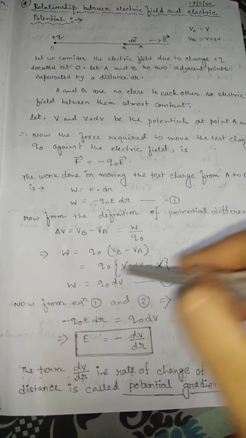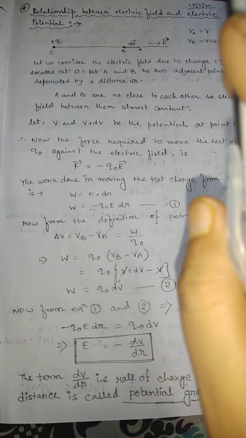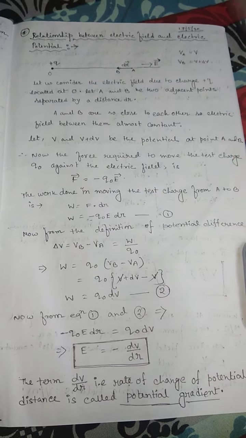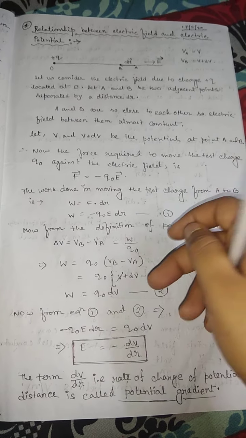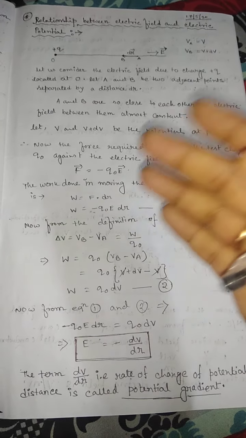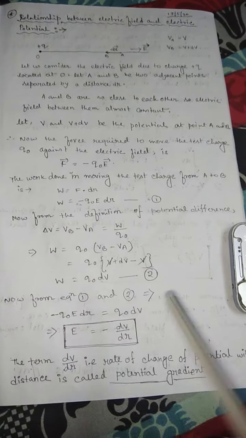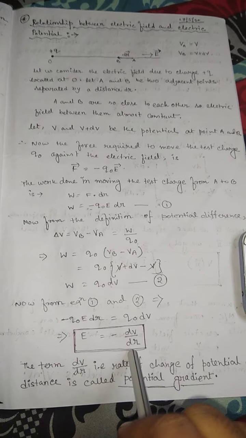So this is another equation of work done, but both works are done on the test charge Q naught, which is situated at point A and moved from A to B. So both equation 1 and equation 2 are equations of the same work done, so we can equate them. From that we get E equals minus dV by dr.